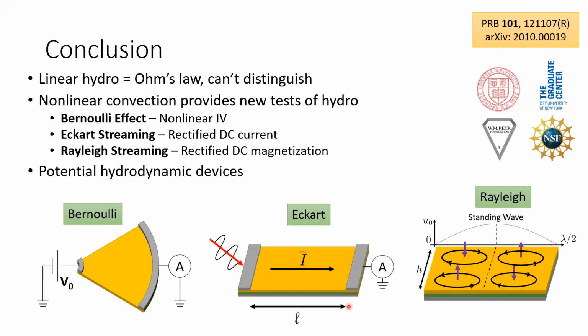In essence, looking carefully at the details of the microscopics of various scattering mechanisms. So instead, what we're proposing is to take a different tack and to ask how is hydrodynamics different from Ohm's law, and in particular looking at effects that are generated by nonlinear convection, which leads to these three effects that I discussed.